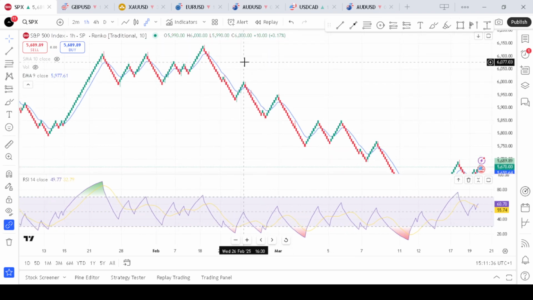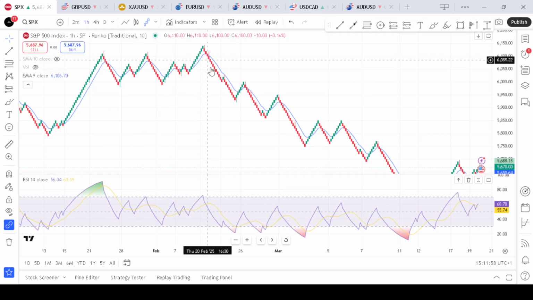After you have made your settings, you identify your trend. You look at a series of consecutive bricks in the same direction and color. A minimum of 3 bricks in the same direction signifies a potential trend. The 9 EMA should align with the trend: above the price for a downtrend and below the price for an uptrend.